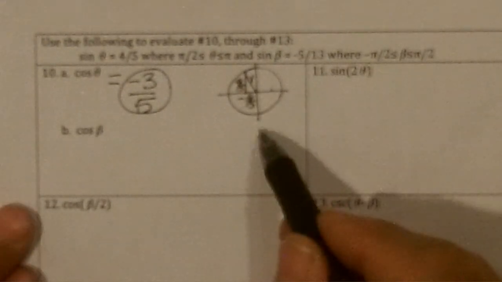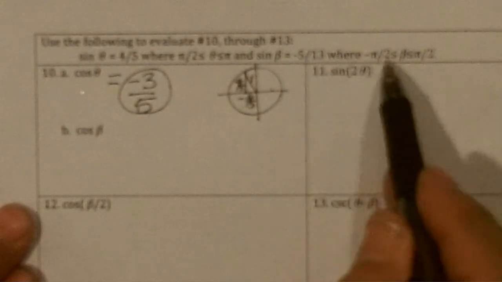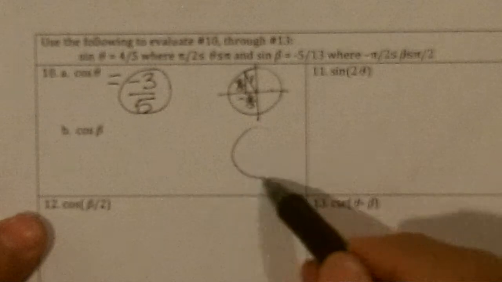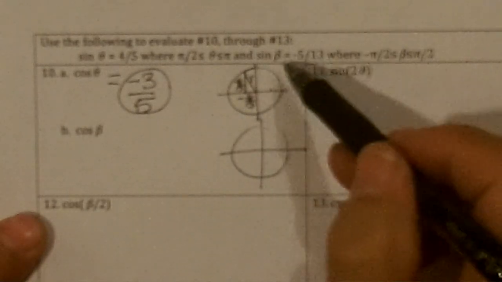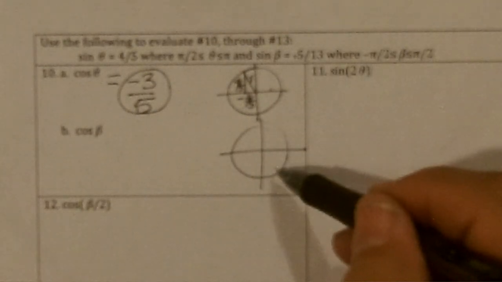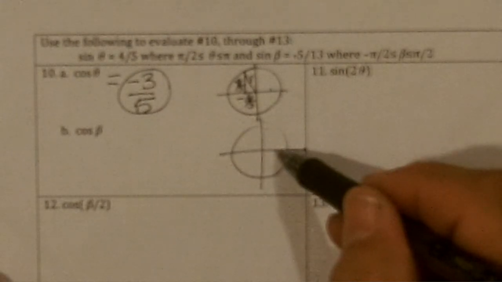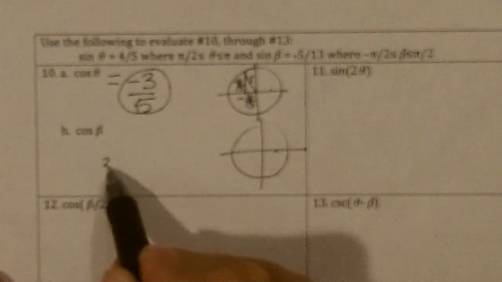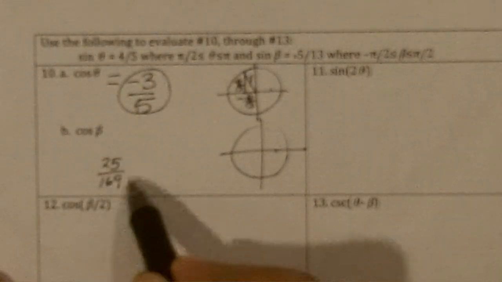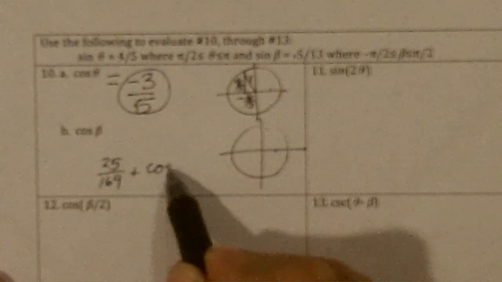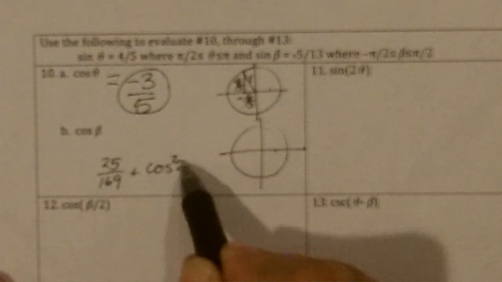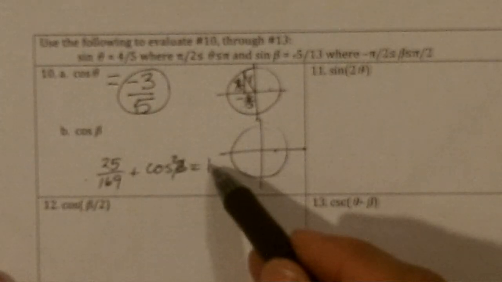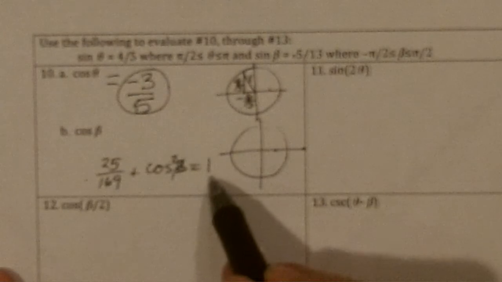If the sine is -5/13 and we're in either 1 or 4, well, the sine is negative in 4, and so the cosine will be positive. So if we do 5/13 squared is 25 over 169 plus cosine squared of beta equals 1. 169 minus 25 is 144.